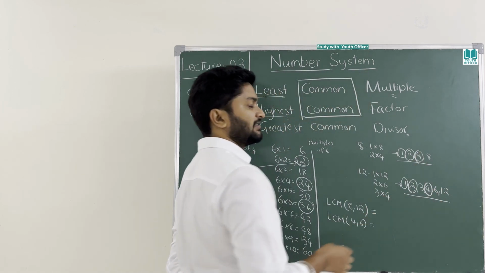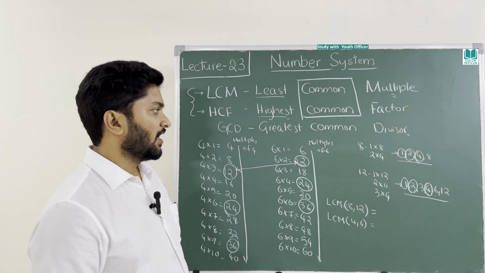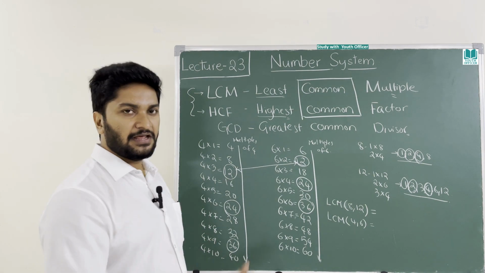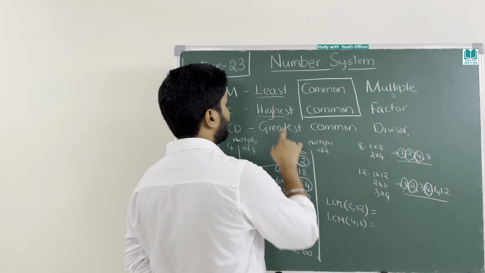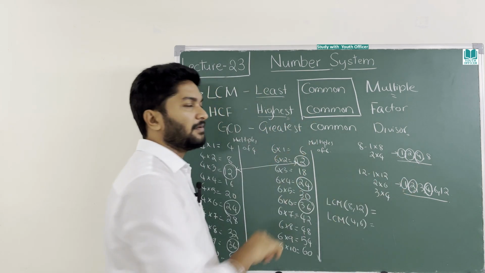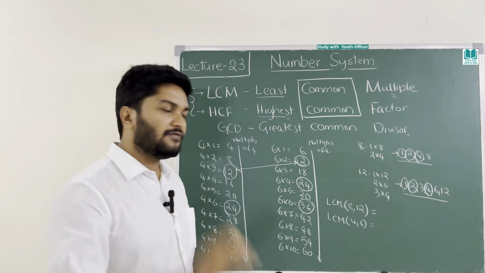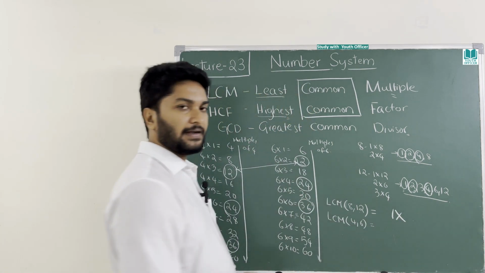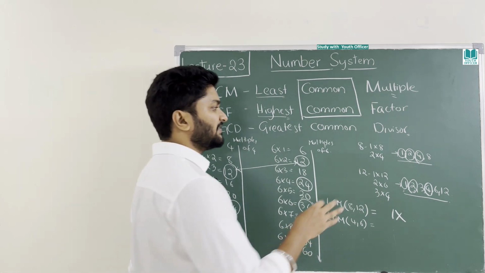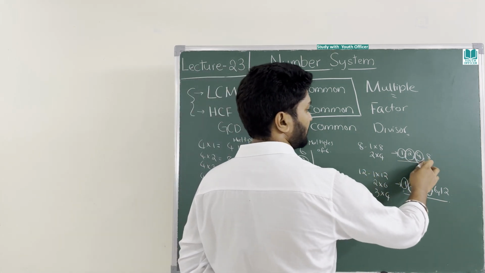That's it. Anything else? No. For every number, 1 will be a factor always. If you take here least common factor, answer will always be 1 only. But we should not take like that. We should always find the highest one.